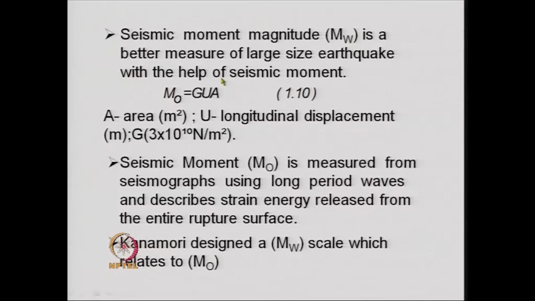Seismic moment is measured from seismographs using long period waves and describes strain energy released from the entire rupture surface. Kanamori designed a MW scale which relates to the seismic moment.